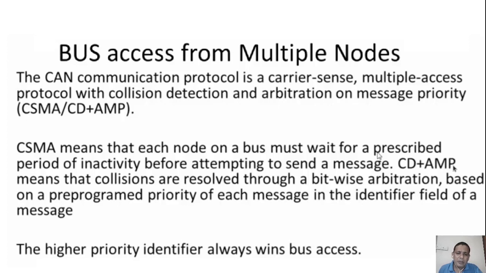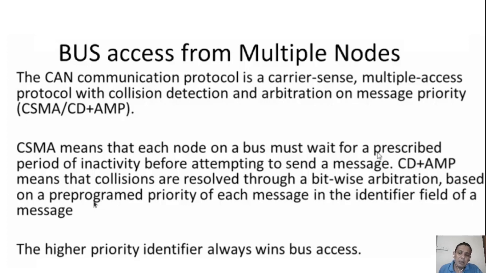If it is still not getting the bus, after 7 or 8 cycles it will try again. Collisions are resolved through bitwise arbitration based on the pre-programmed priority of each message in the identifier field of the message. So each device will have its own priority.